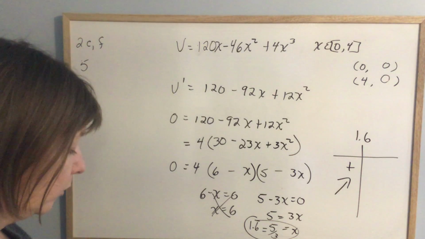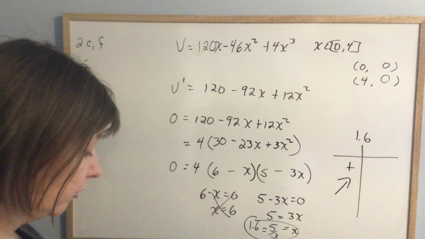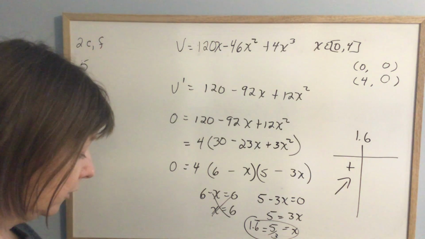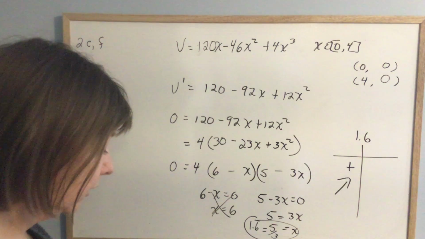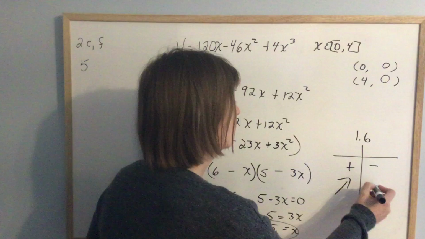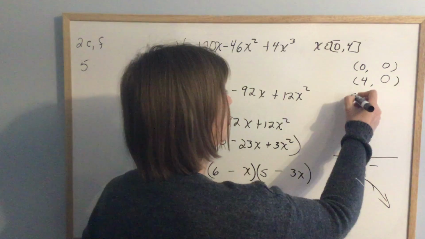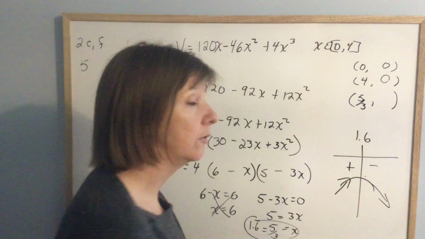So this would be 120 minus 92 times 2 plus 12 times 4, which would be 48. I get a negative answer, which means it's decreasing. So I at least have a local maximum when my x is 5 over 3.